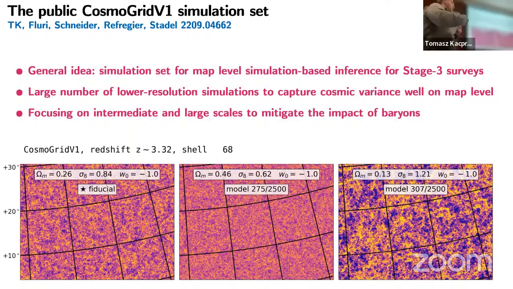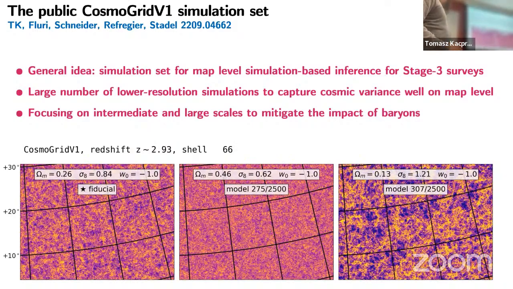So we don't only want to know the variance of the power spectrum, we want to sample the space of maps, right? The maps are a much longer data vector than any summary statistics. So I think there's even a video here.